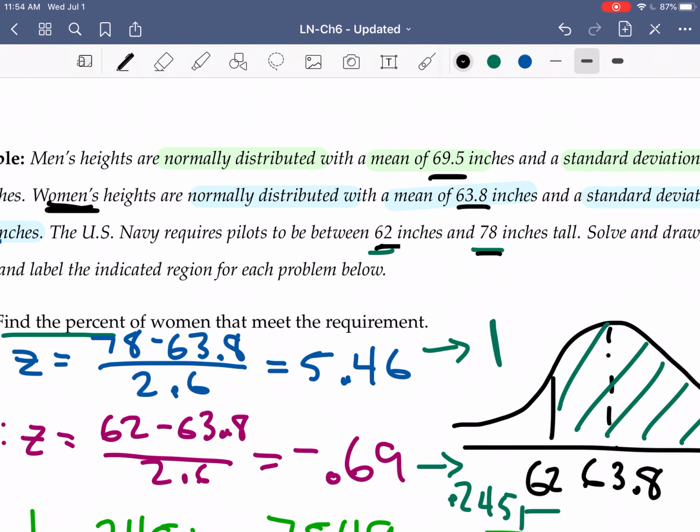This time, we are asking a different question than what we did last time. We want to know what is the value here that separates the lowest 2%, or 0.02. And we also then want to know what is the value here that separates the upper 2%.